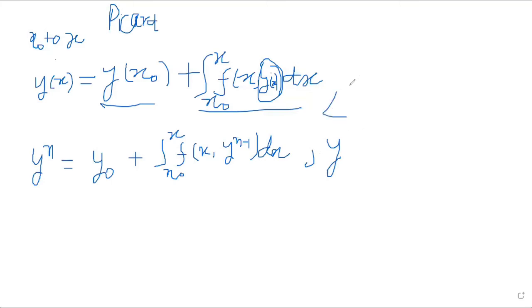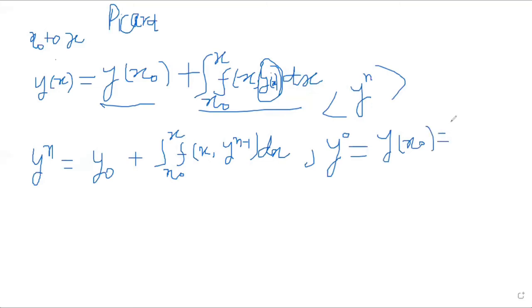Now our sequence is this one, y n. So I require y0 also. So what is y0? I am taking y0 as y at x naught, which is given to us.